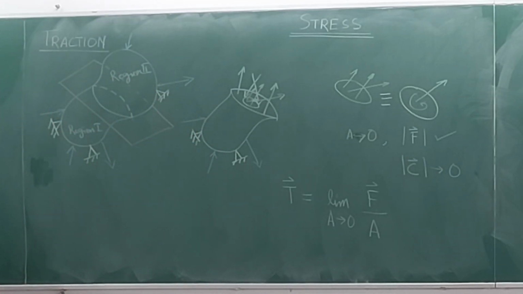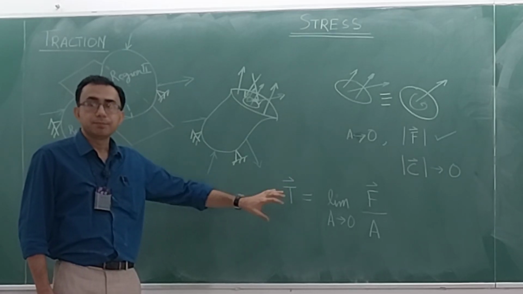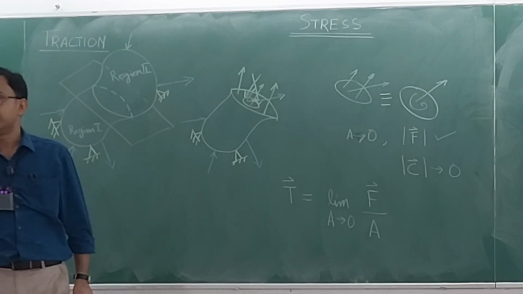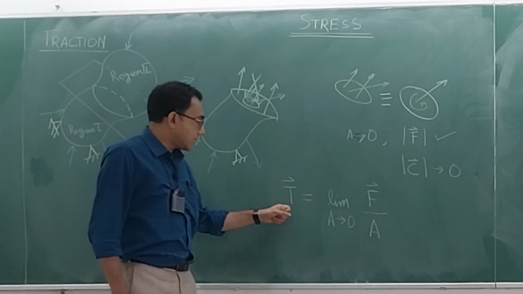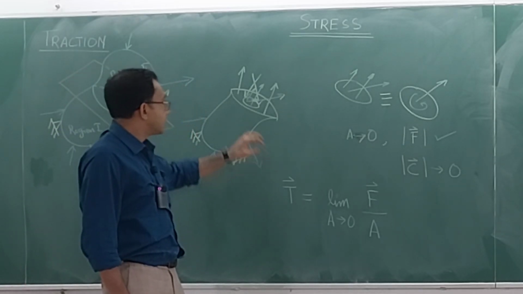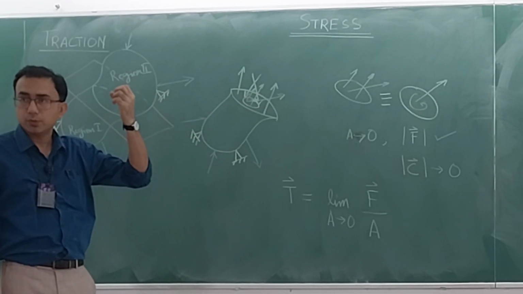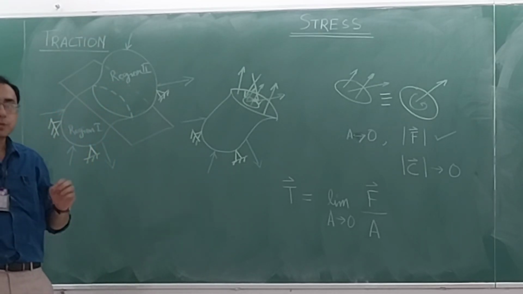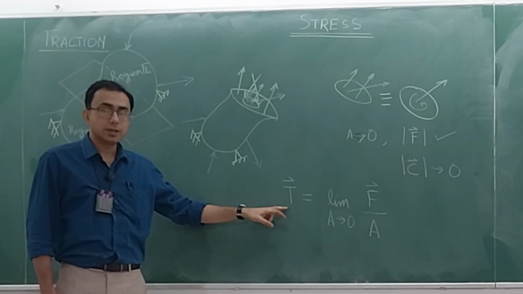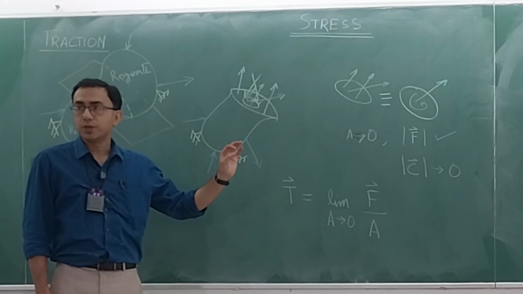Another very important thing to note is how very restrictive the definition of traction is. What are we talking about here? First of all, we chose a certain arbitrary region and then shrunk it to a point, meaning the area is tending to zero. This means that the definition of traction is intrinsically connected to a certain choice of the point at which you are interested.